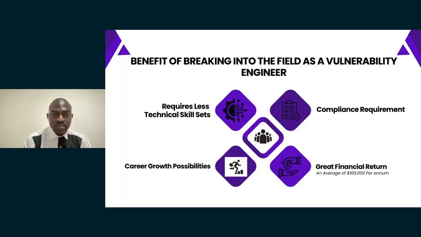That skill is a very, very needed skill, and like I said, you can actually go into that. Another benefit is that there are a lot of career growth possibilities. Once you start as a vulnerability engineer, you definitely begin to find areas in cybersecurity that are interesting. In the course of running vulnerability assessments, you might think, I would really want to go deeper.